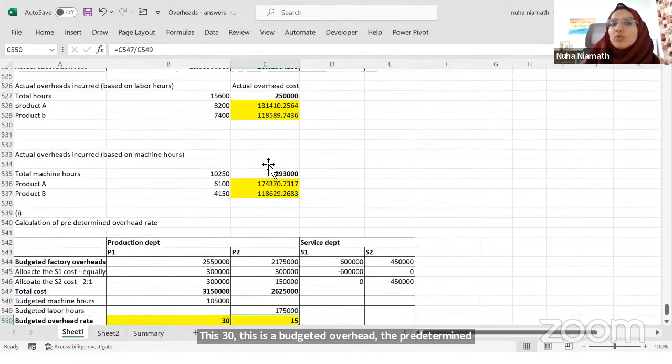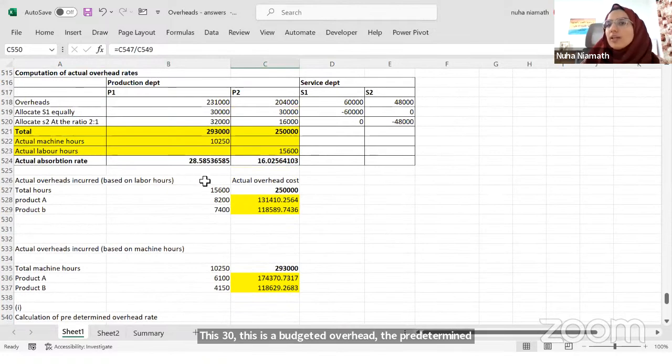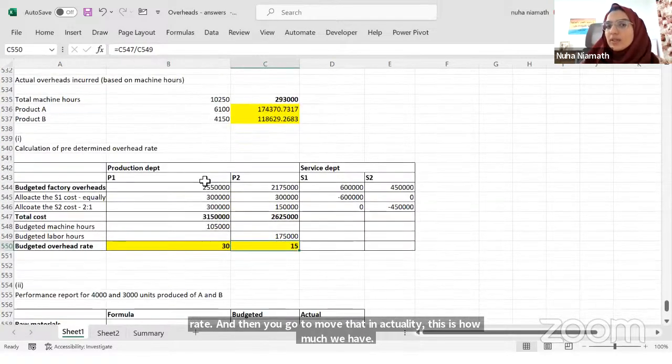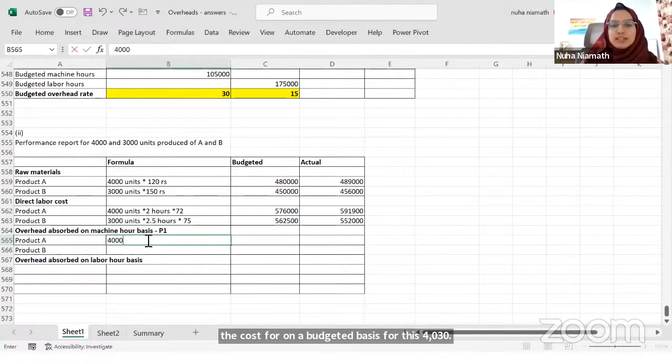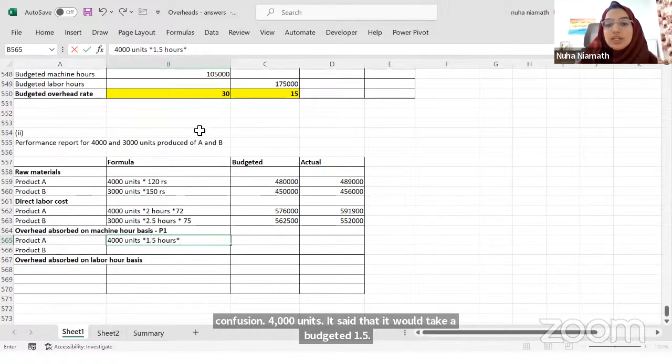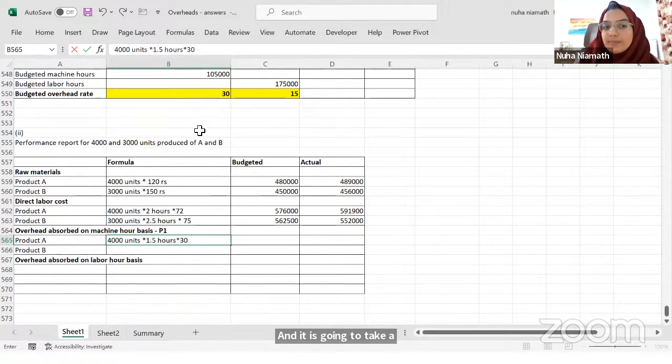And then we got to know that in actuality, this is how much we have incurred for the 4,000 and 3,000 units. But now we will calculate the cost on a budgeted basis for those 4,000 and 3,000 units. Okay, let me put the formula and see whether there's still confusion. So 4,000 units, it is going to take a budgeted 1.5 hours and a budgeted rate of 30 rupees.